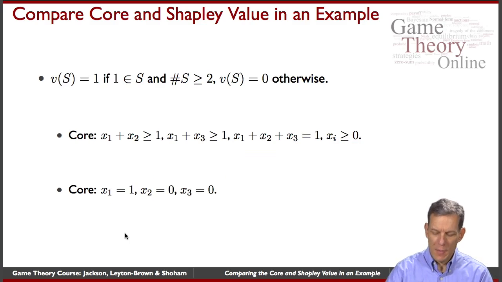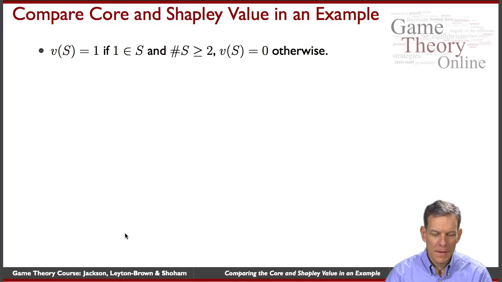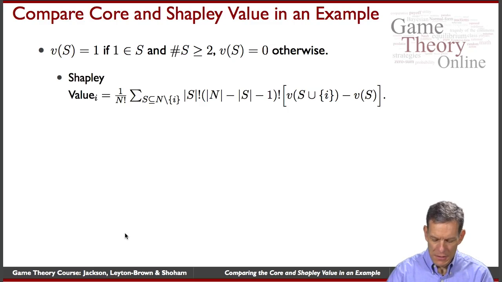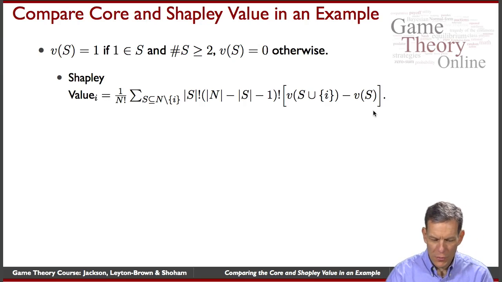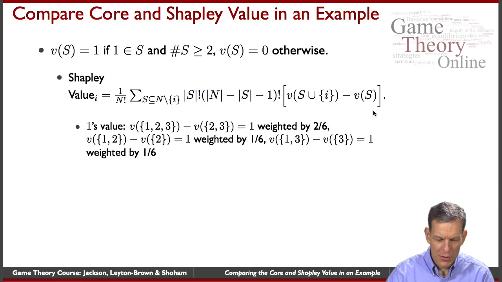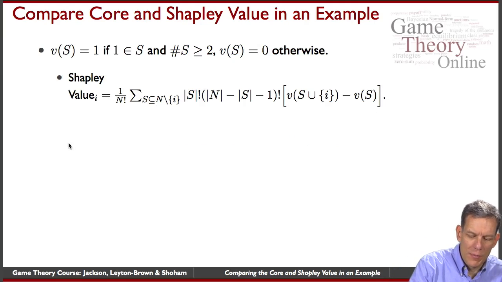Okay, now let's stick with the same game and do the Shapley value. So if we're looking at the Shapley value for this game, what are we going to end up with? Well, we can do our calculations from the Shapley value. We know that the value of i is given according to this formula, and in particular, we can just build this up.